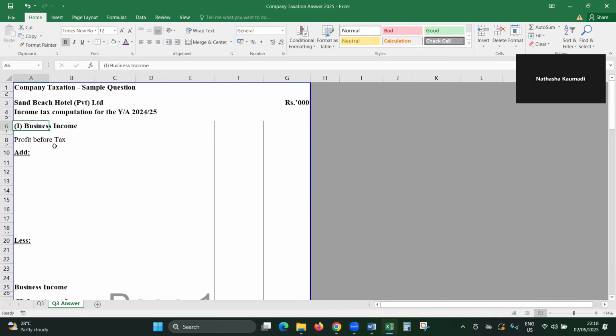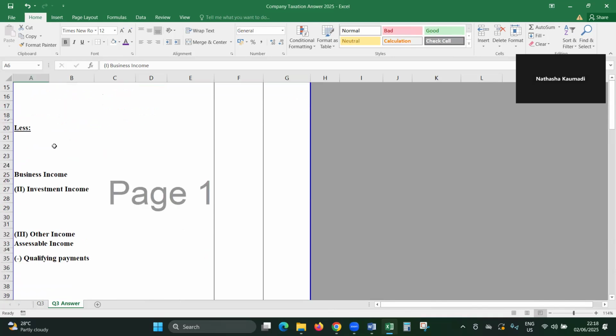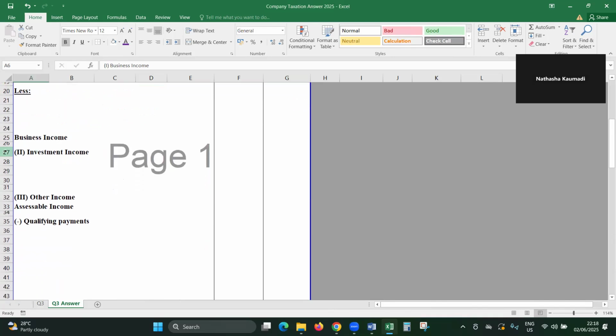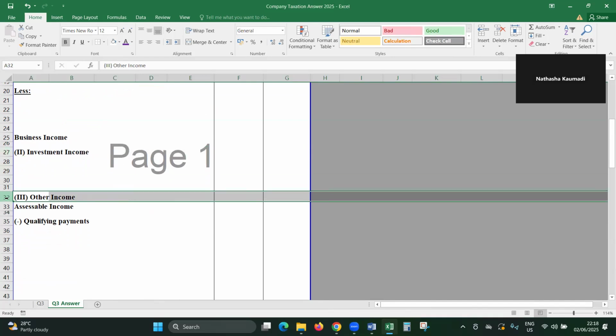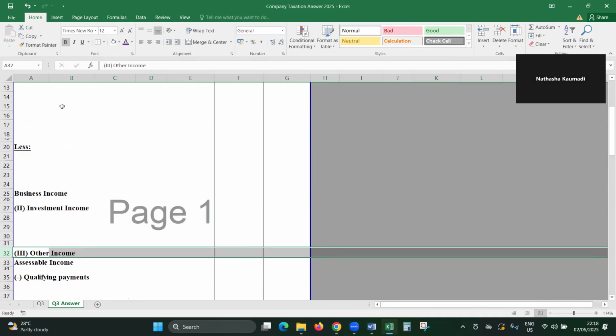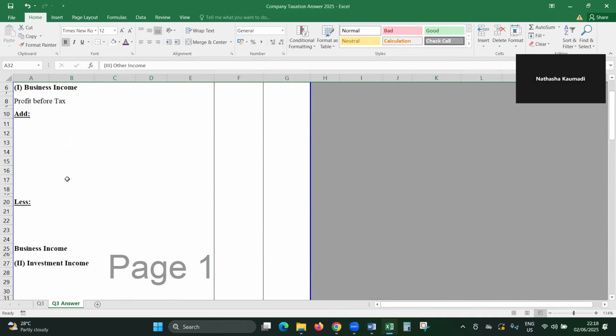That means coming from the company. And then I have written investment income. That is a second source. And the third source I didn't see, but I have written other income. Here, since I know that there are no other income sources, I have not kept space, but you can keep some space. And now you know for business income, you need more space.